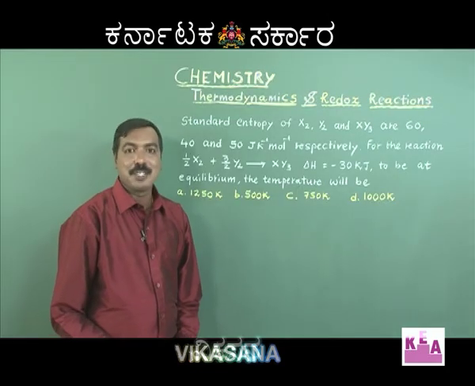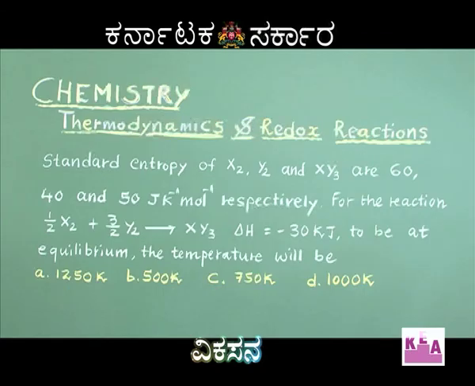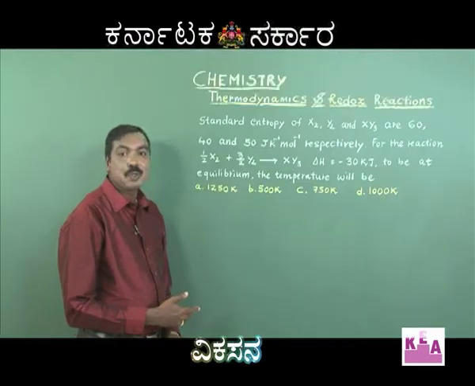Connecting to my Gibbs equation, we shall solve another problem. The standard entropies of X2, Y2, XY3 are 60, 40 and 50 joule per Kelvin per mole respectively. For the reaction as given, delta H is equal to minus 30 kilojoules. To be at equilibrium, what would be the temperature? As it is connecting entropy and enthalpy, let me use my Gibbs equation.